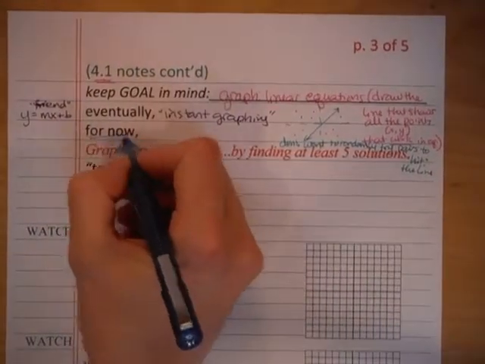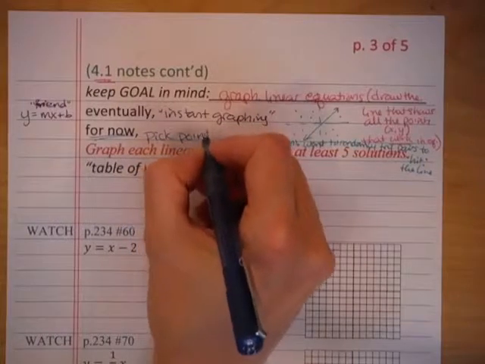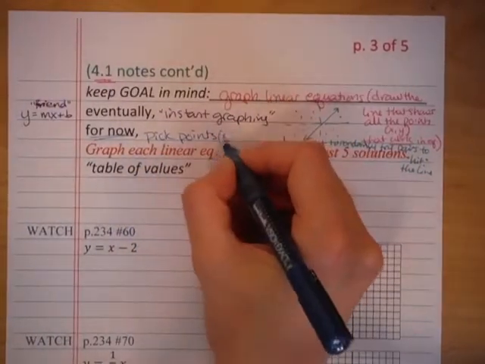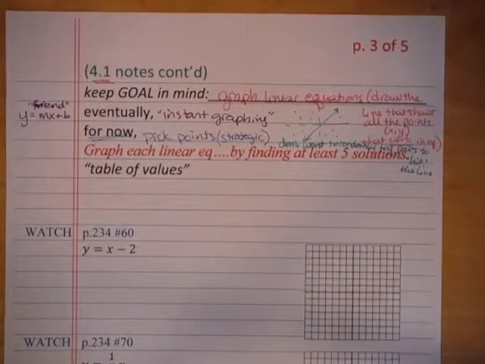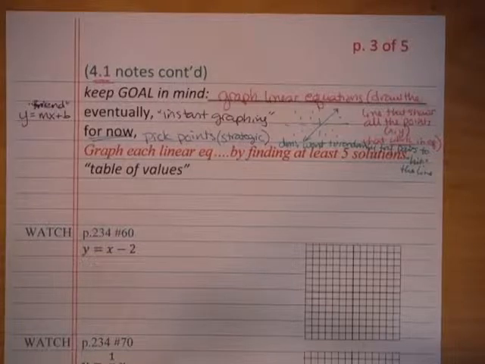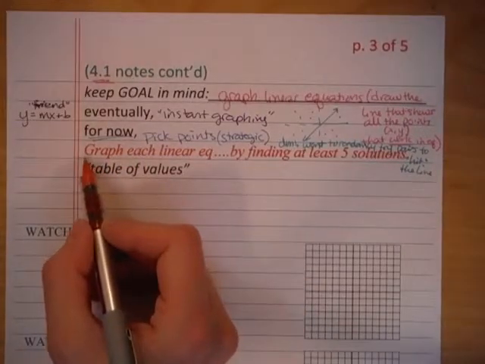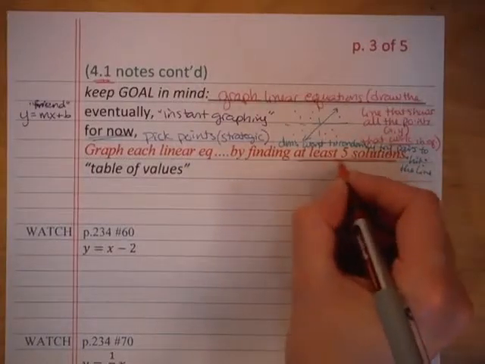So for now, we're going to pick points. We're going to pick strategic points because we don't just want to randomly pick numbers. We want to pick numbers that work to our advantage. What you're going to see are directions that say graph each linear equation by finding at least 5 solutions.